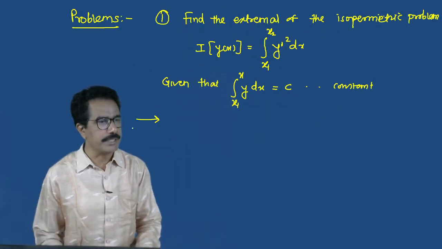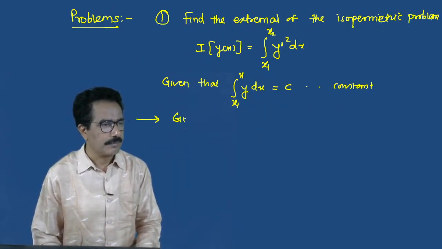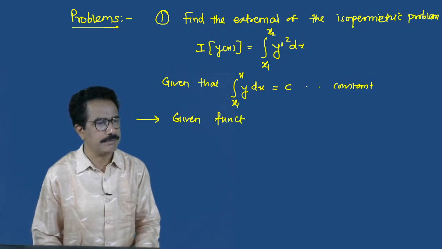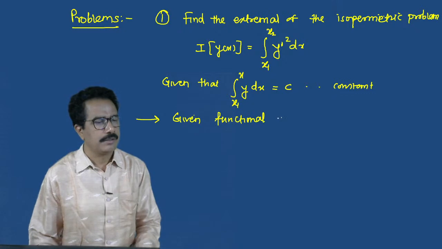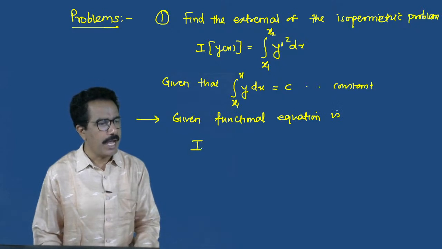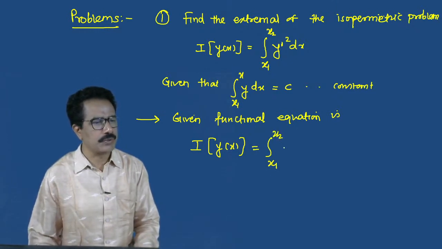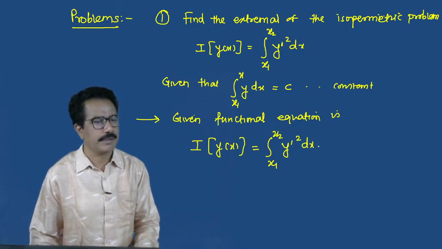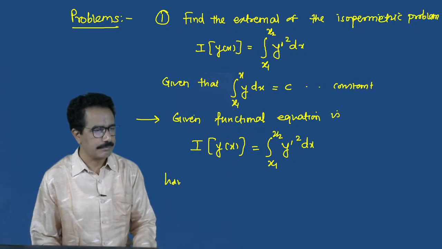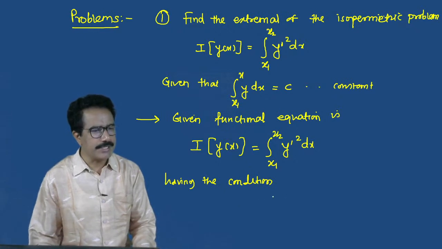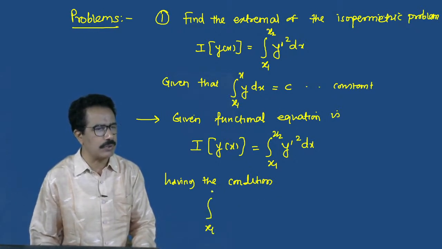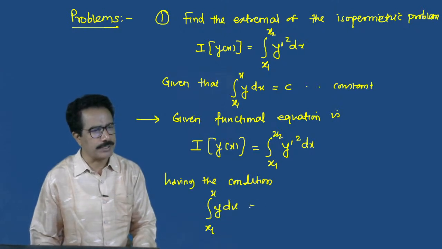Okay. Now we shall move towards the given functional. The equation is I of y, which is equal to the integral of x1 to x2 of y dash square dx, having the condition that the integral of x1 to x2 of y dx is equal to c.